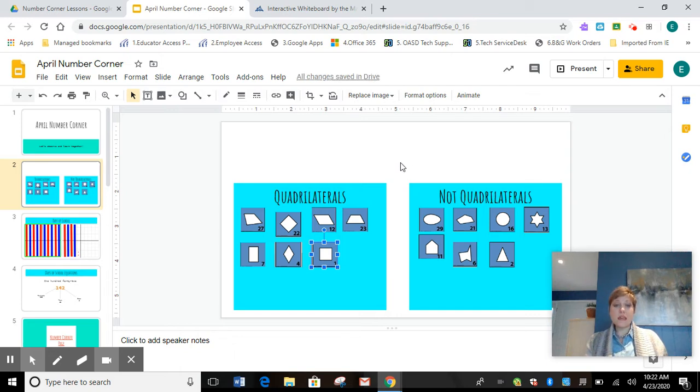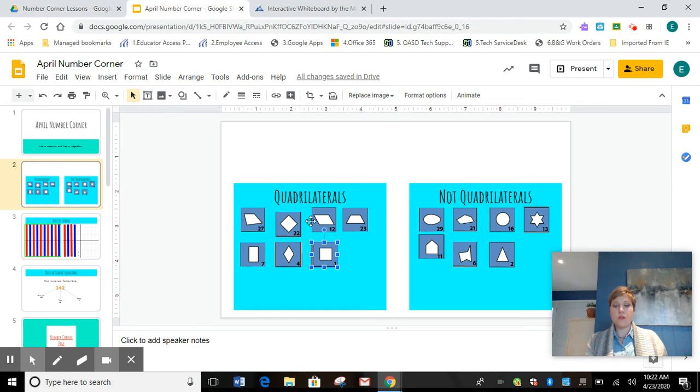When you're thinking about quadrilaterals, you're thinking about shapes that have four sides and four vertices. These are all different shapes, but they are all types of quadrilaterals because they all have four sides and four vertices. Right now, let's compare our two sides. Count by twos with me over here.